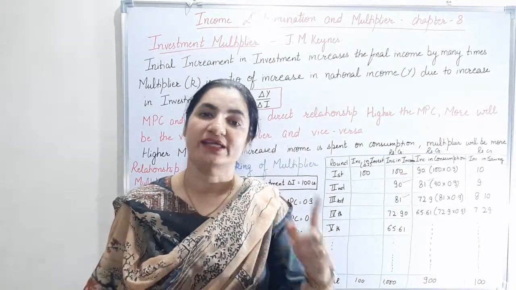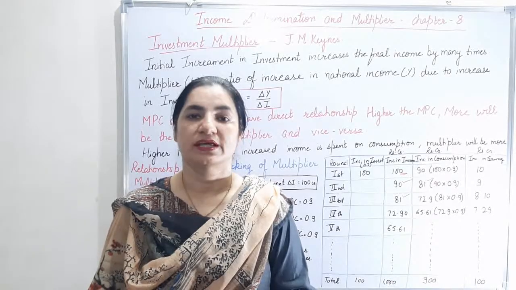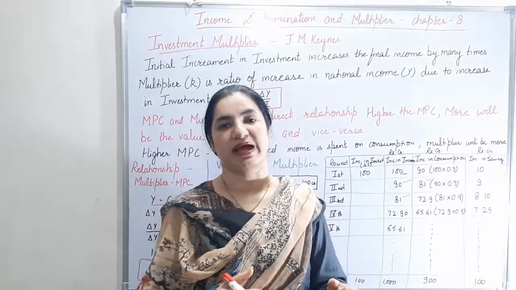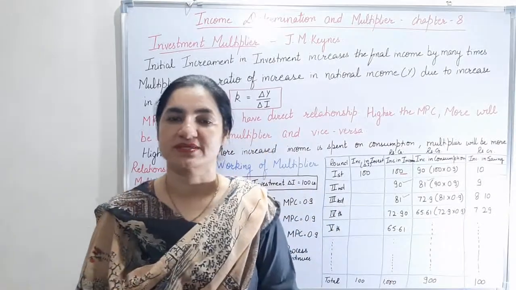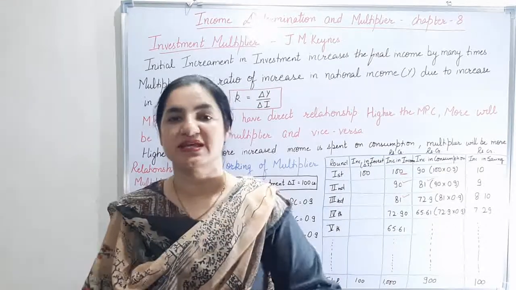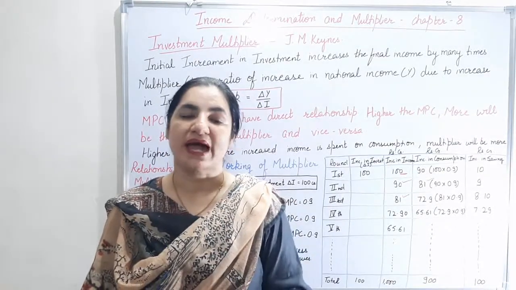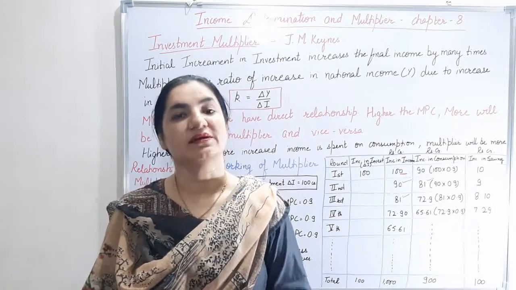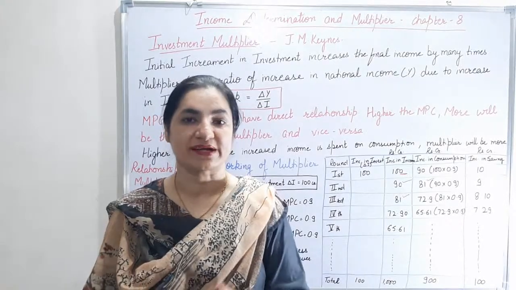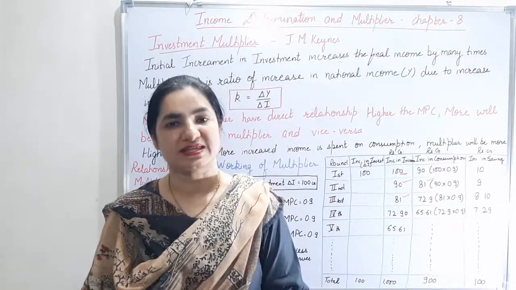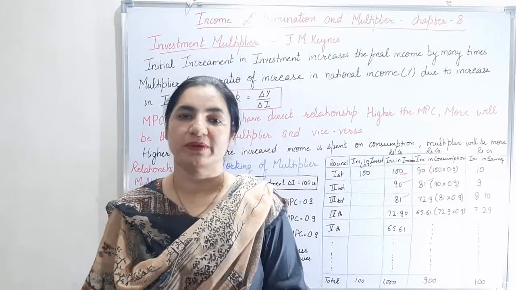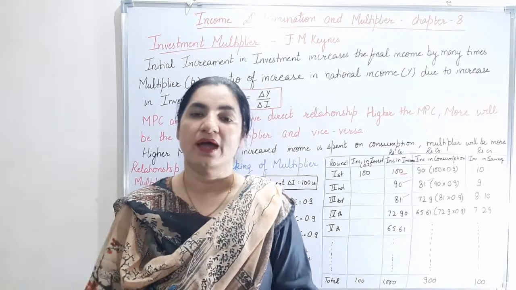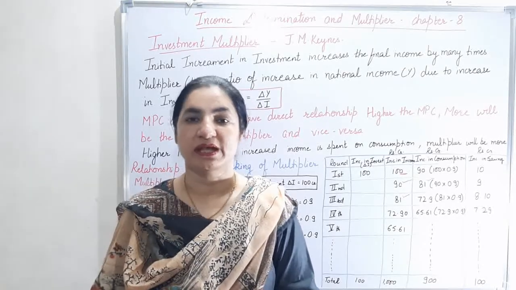It means the highest value of a multiplier can be infinite, because the highest value of MPC can be 1 and the multiplier ultimately depends on MPC. The lowest value of MPC can be 0, which means the entire income is saved. When MPC is 0, that is, MPS is 1, the value of the multiplier will be 1. It means the minimum value of the multiplier is 1 and the maximum value can be infinite.